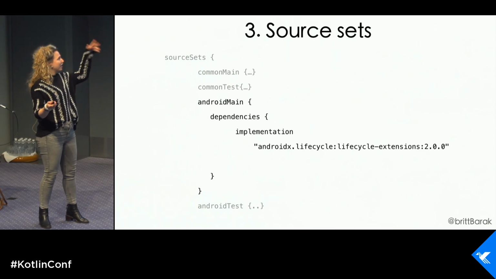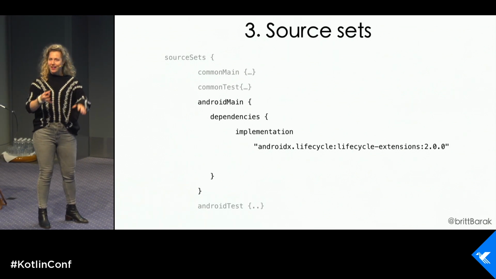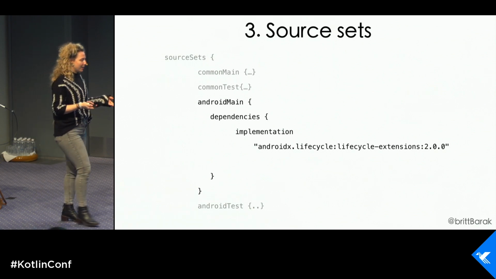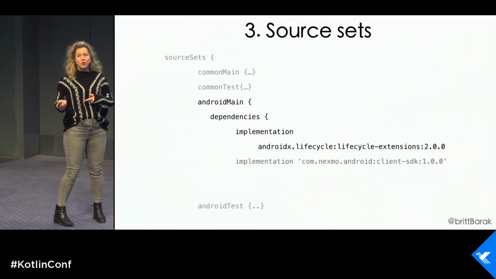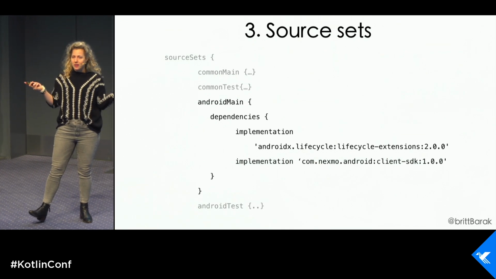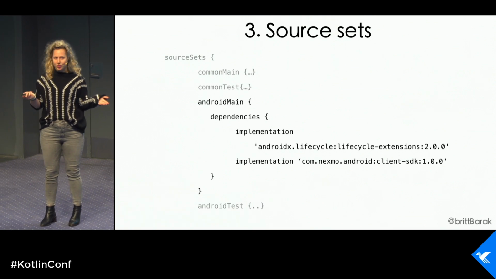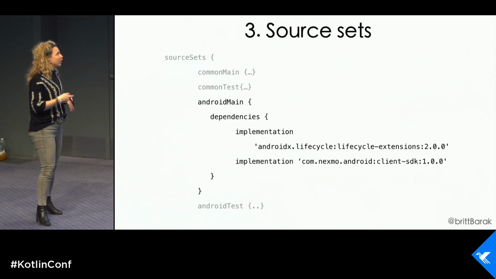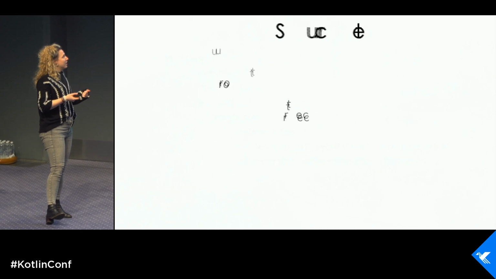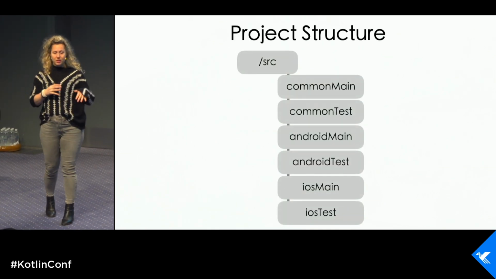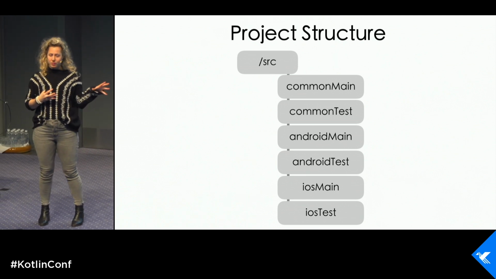Like here, I'm adding AndroidX, a native Android library that I can add, but I can also add third-party libraries. So the same thing as I would have done with my normal Android app. I can add whatever I want here, like I'm used to. The project structure would be of that sort.